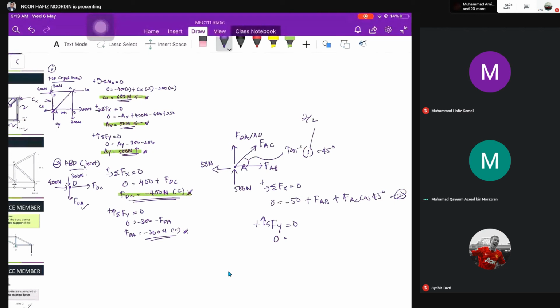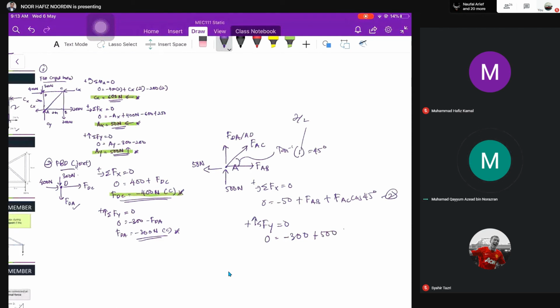Then minus, ada 900 positif, so plus 500. Then we have FAC, so plus FAC sin 45 degree. So we get the value of FAC lah.